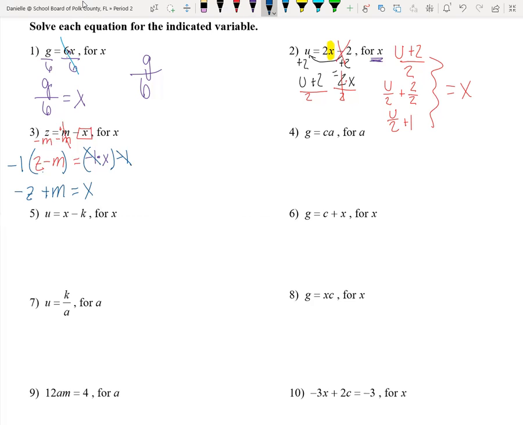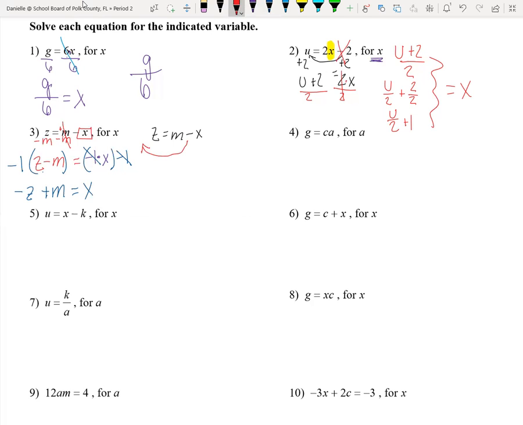The other way we could have done this, I'm going to rewrite the problem. I don't want a negative x. We learned that at the end. So what I'm going to do is actually move x over to the left. So now it will be positive.